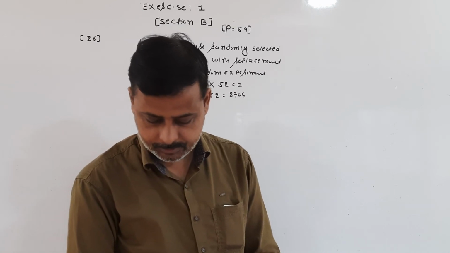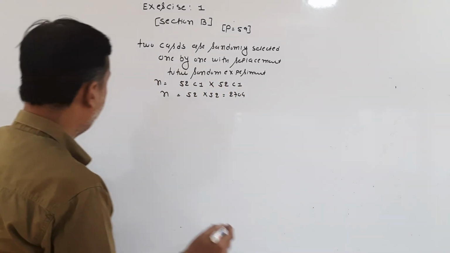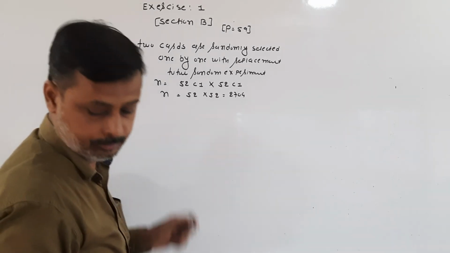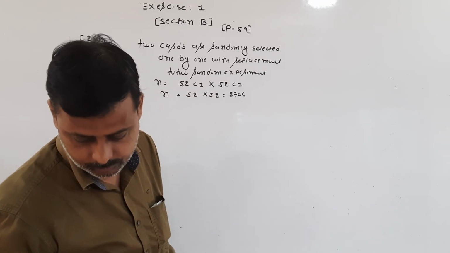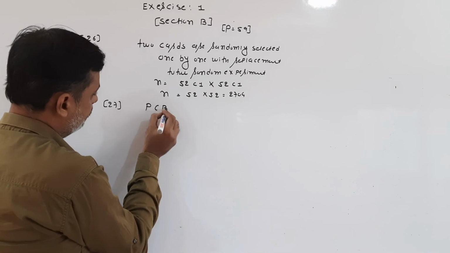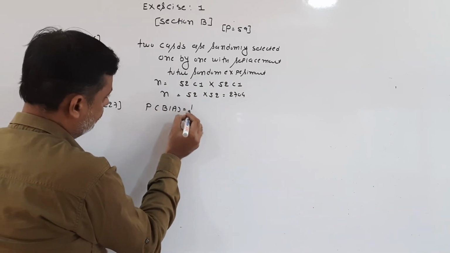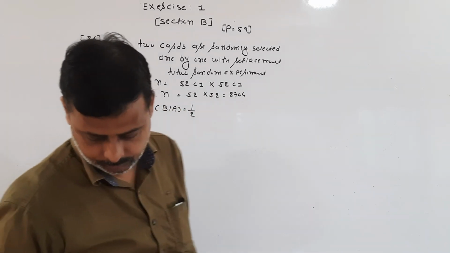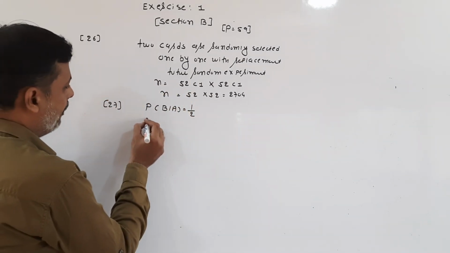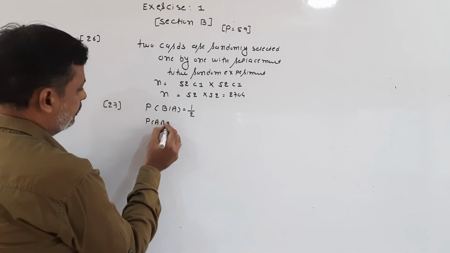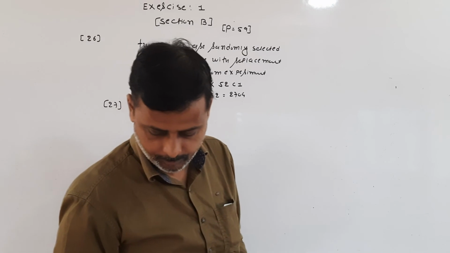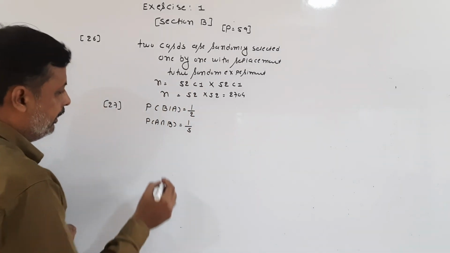Find P of A. So here 27, the value B upon A, that is 1 by 2. P of A intersection B is 1 by 5. Find P of A.